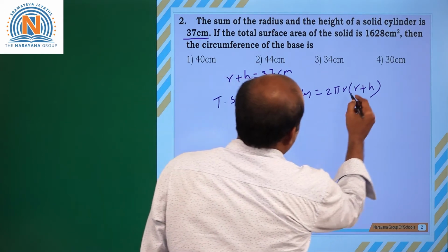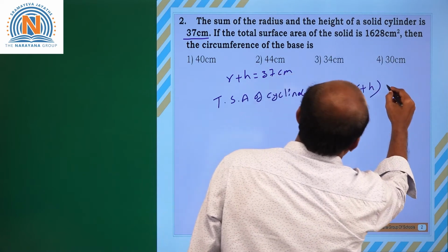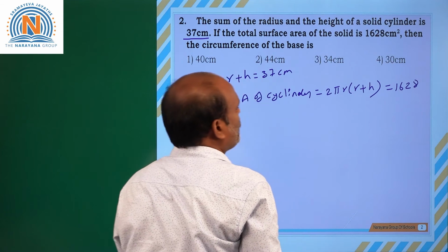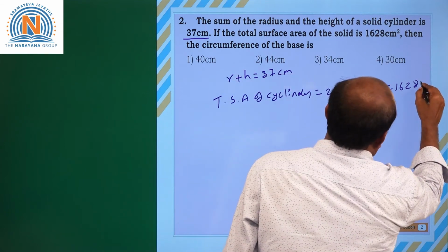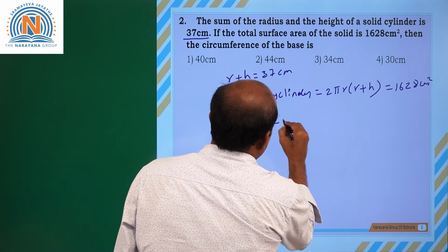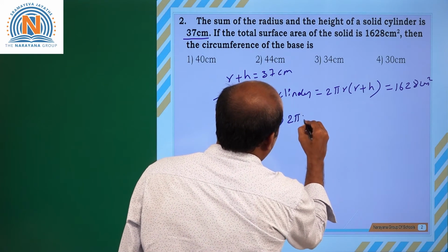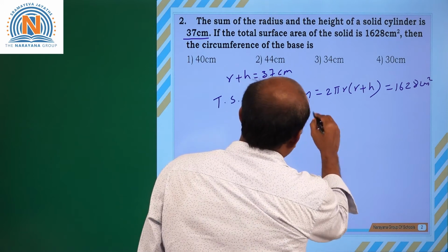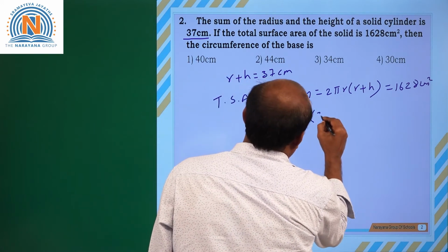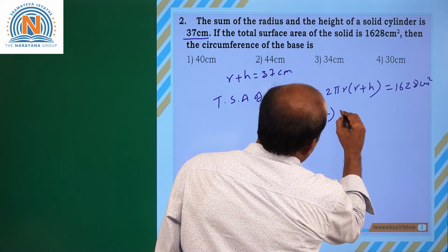So this is equal to what is given, 1628 cm square. So that implies 2 pi r into r plus h, and r plus h is given as 37 centimeters, right?